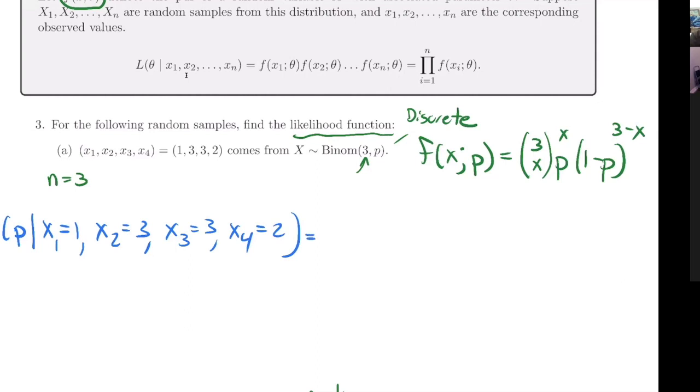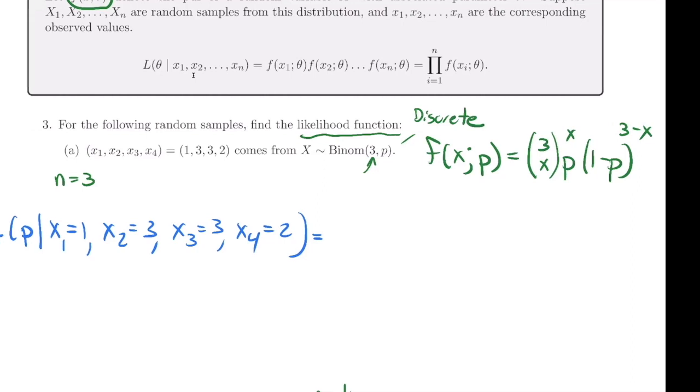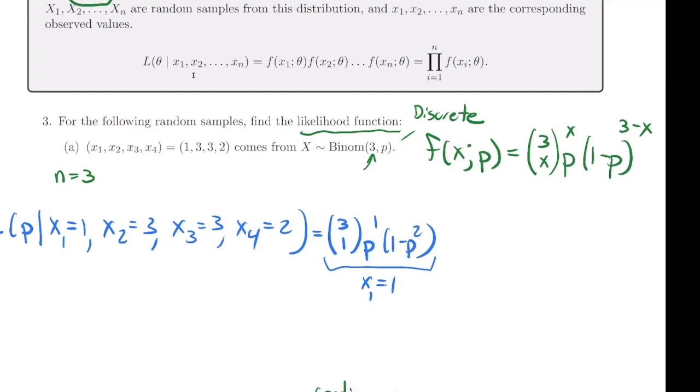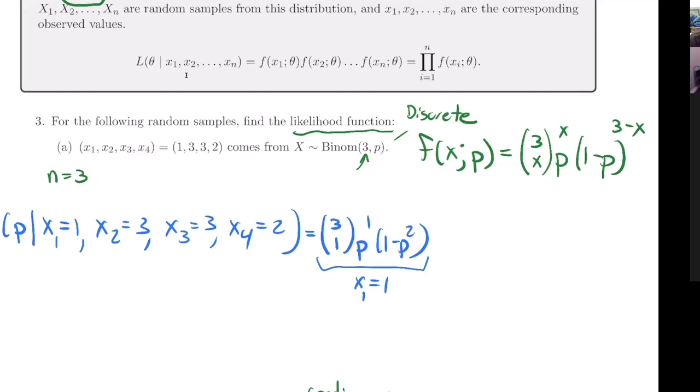So what we can see above is that we're just going to take the product of these 4 PDFs: the PDF evaluated when x is 1, times when x is 3, times when x is 3, times when x is 2. That's what happens for the first one, that x1 was equal to 1. And then we would multiply several copies of that.